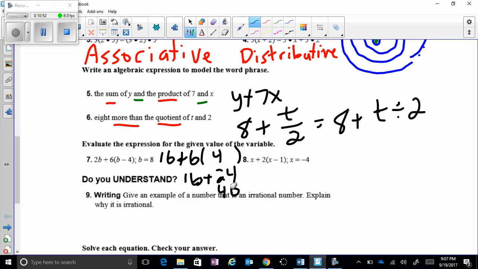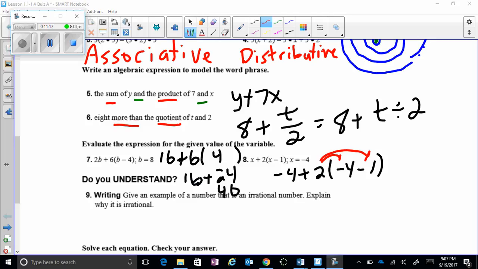Okay, next one. All right, now you got to really watch the negatives. Make sure you keep track of all your signs when you do here. So when I plug -4 in, I got -4 minus 1. Now, since these are all numbers, you technically don't have to distribute, but you could go ahead and distribute that if you wanted to make that -8 minus 2, which would be -10.